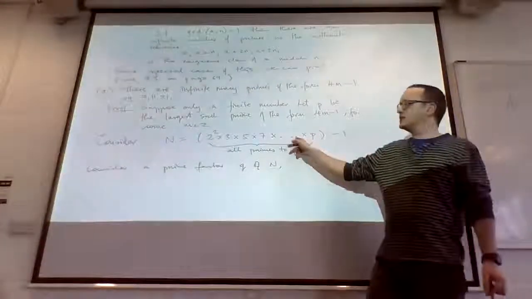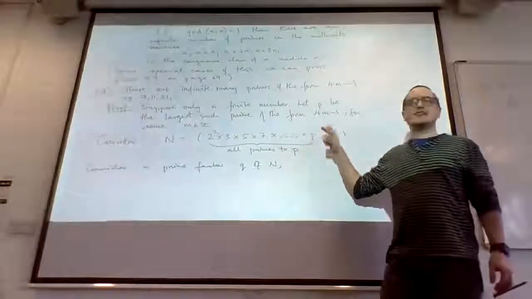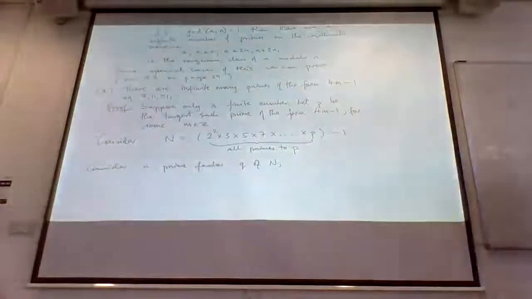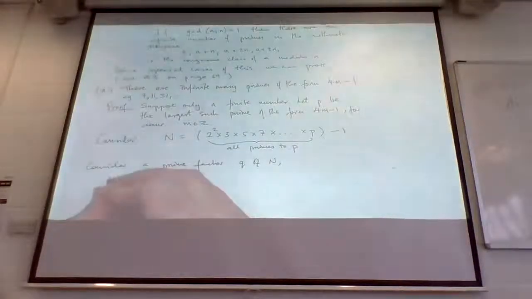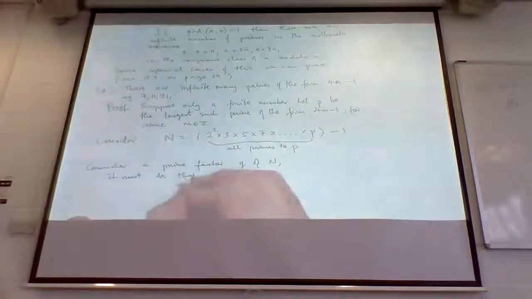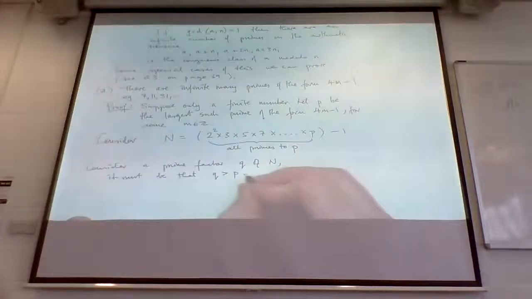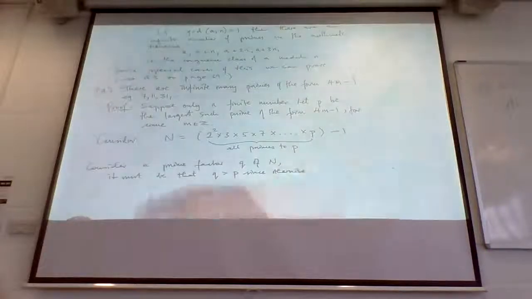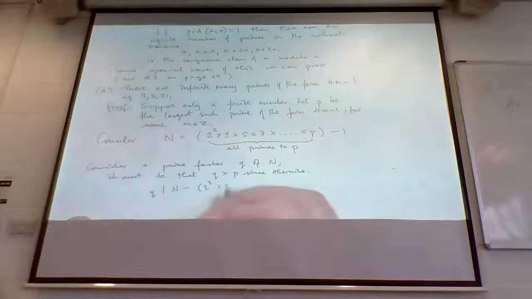Then you would have q dividing n and q dividing this bracket, so that would imply that q divides minus 1, which is a contradiction. So it must be that q is strictly bigger than p.